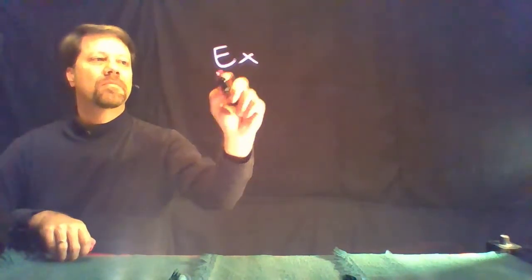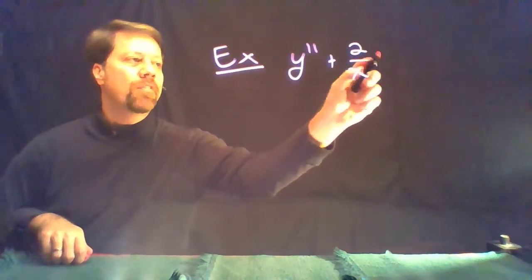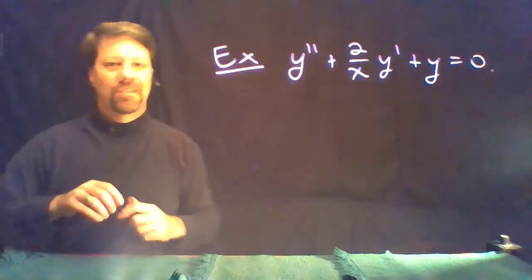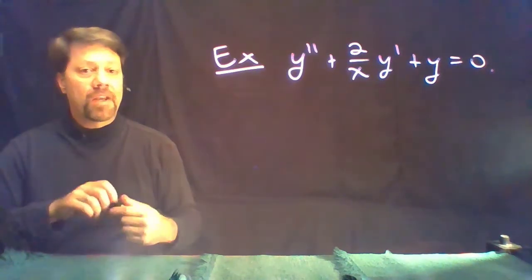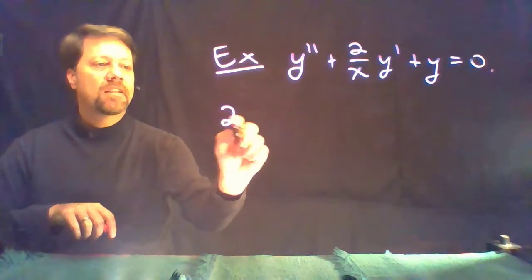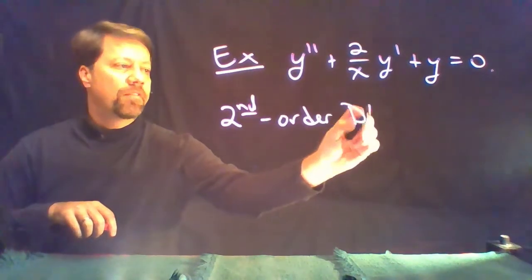So, for example, consider the equation y double prime plus 2 over x y prime plus y equals 0. The highest order derivative that appears on the unknown function y is 2, and therefore this is a second order differential equation.